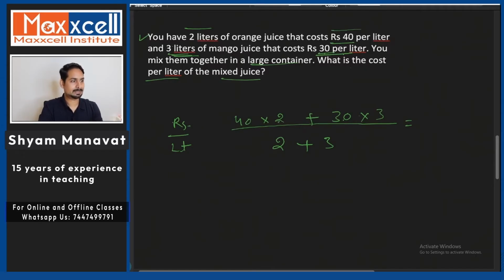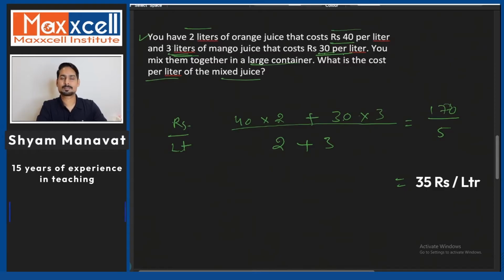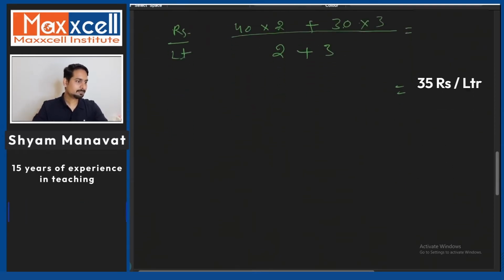So 80 plus 90 is 170. 170 by 5, you will get 34. Sorry, 170 by 5 is 30, and then 2 more here... 35 rupees per liter. Are you getting this? Yeah, simple, right?